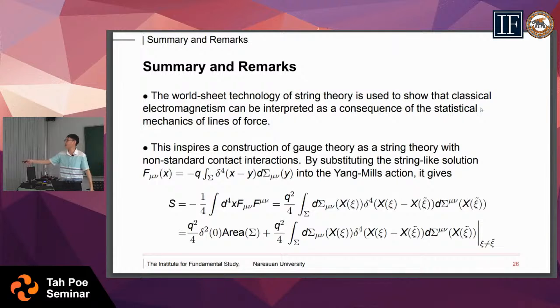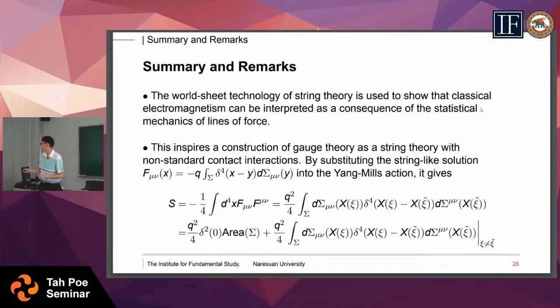The Yang-Mills action is nothing but the F square, right? The field strength tensor square, and putting this into this, you have this expression here. With a little bit more work, you can see that the Dirac delta function appears here, which is generally zero except for two cases.